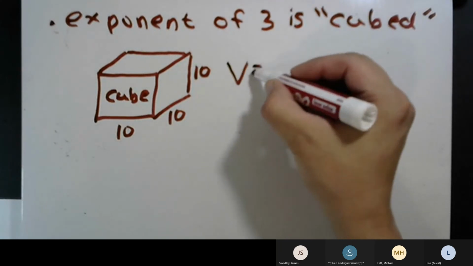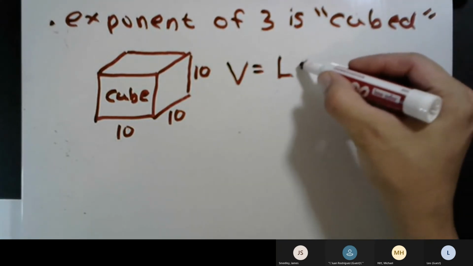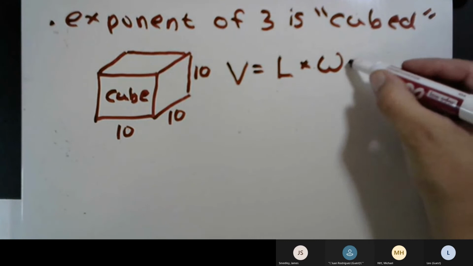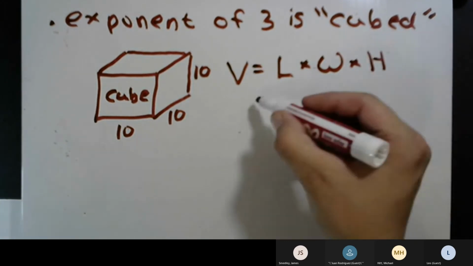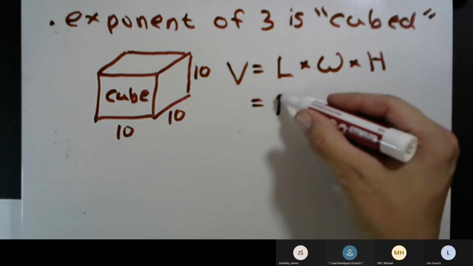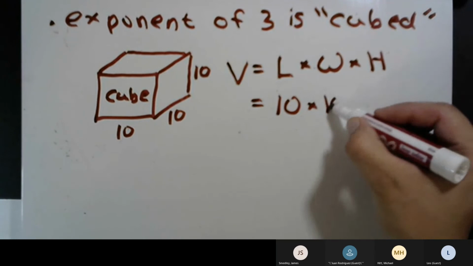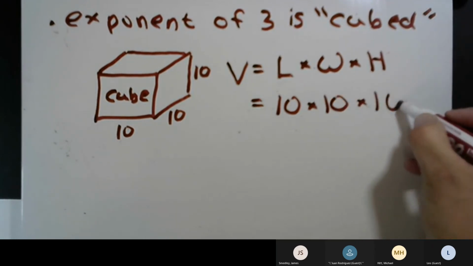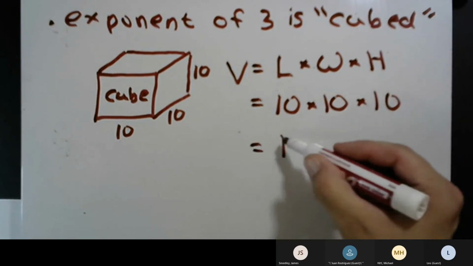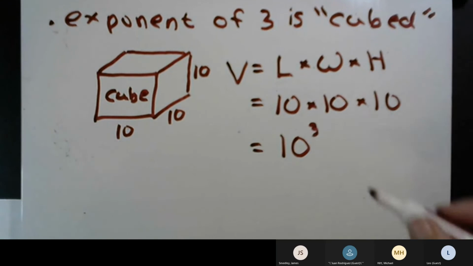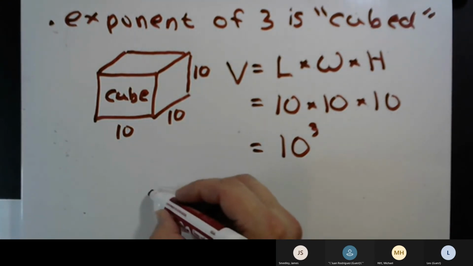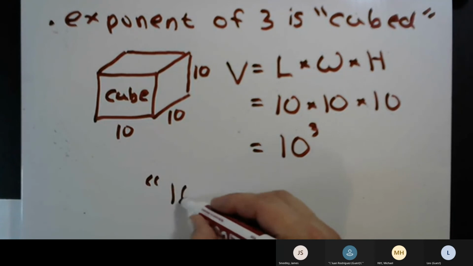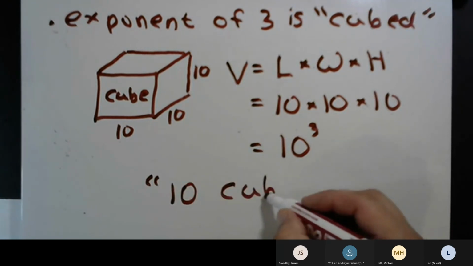So the volume is length times width times height, or 10 times 10 times 10, or 10 with an exponent of 3. And we would call this 10 cubed.